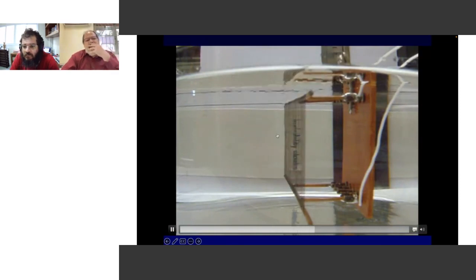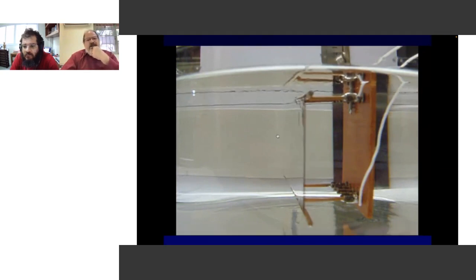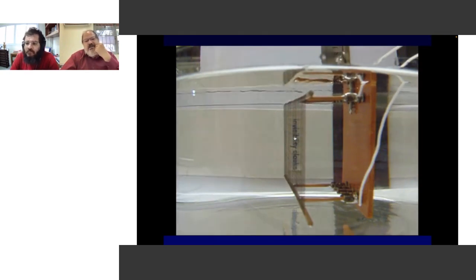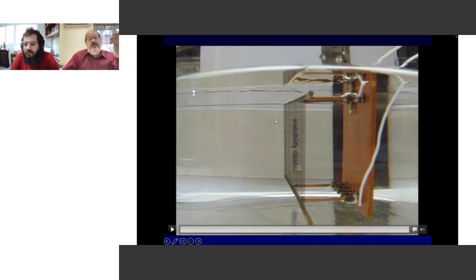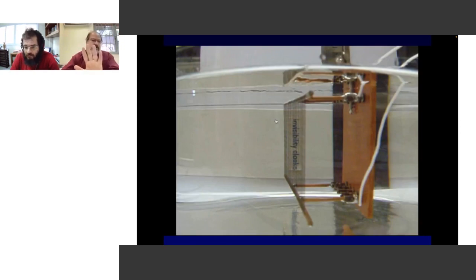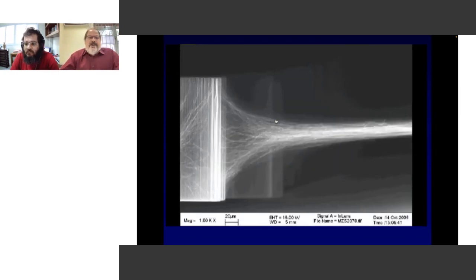It's the same as the mirage effect you have in the desert. Because nanotubes have such a high thermal conductivity that when you apply a current along them, it heats the liquid very fast and changes the refractive index in front of you. Of course, it's not really invisible, because if you have an infrared detector, you would see the heat. But in the visible, it's quite cool, like Harry Potter.